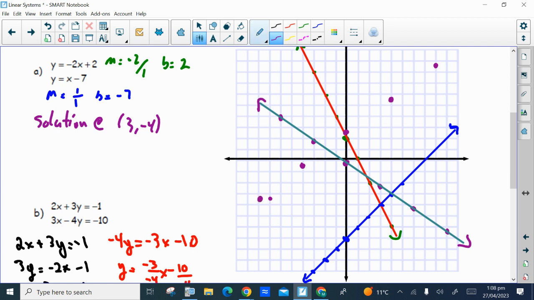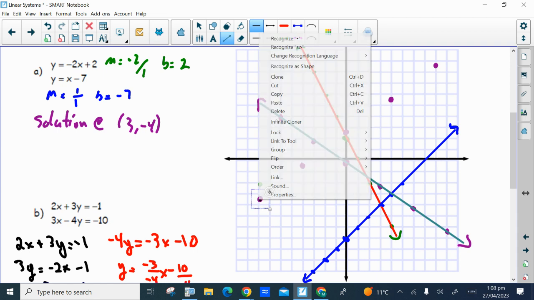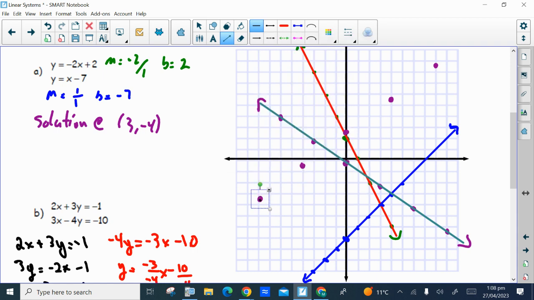All those points line up. So now I can draw my line going through those points. Whoops. So that line will look something like that.